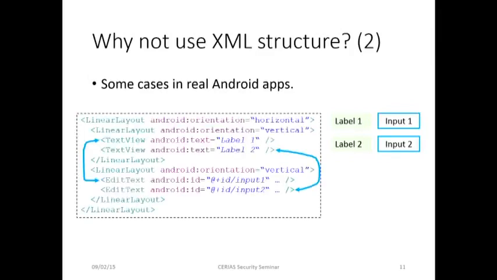But some developers define it like this: they put the two labels together and the two input fields together. In such cases, if we directly use the XML structure or the XML trees, we cannot tell which input fields are correlated to which text labels.